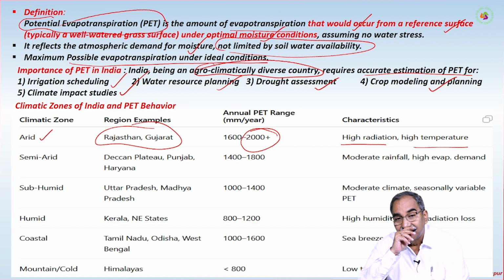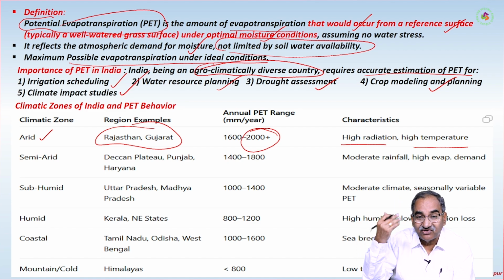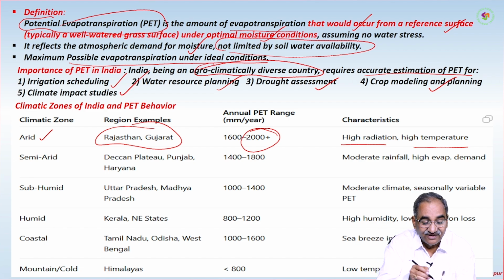If you go to the semi-arid region, Punjab, Haryana, the Deccan Plateau, it is a little bit less.